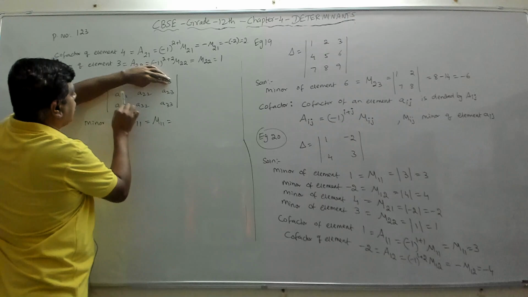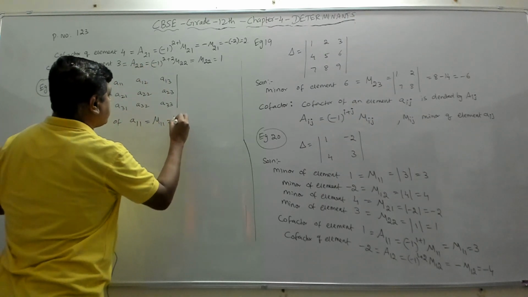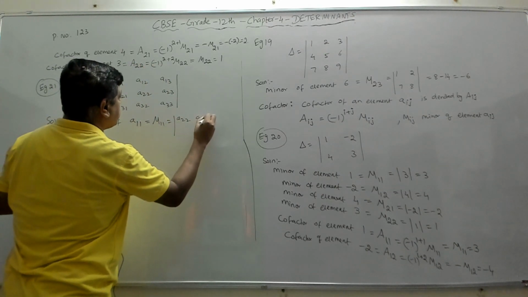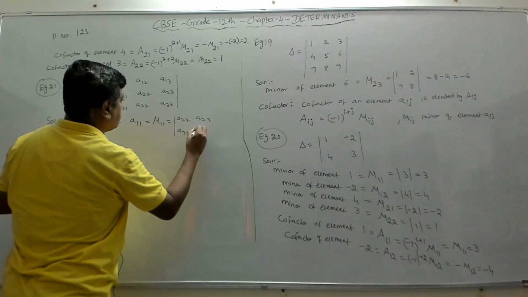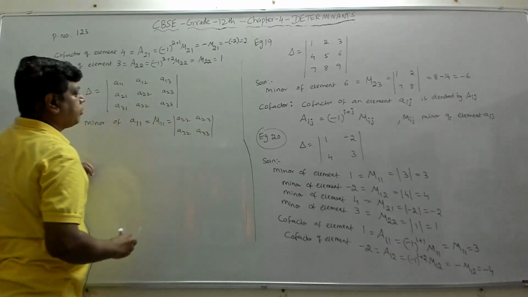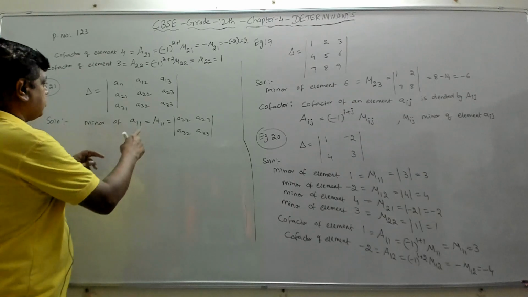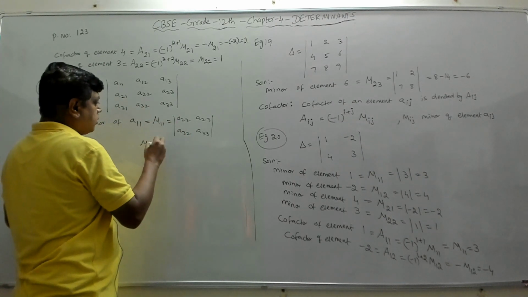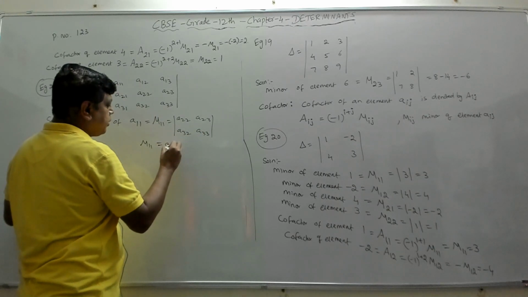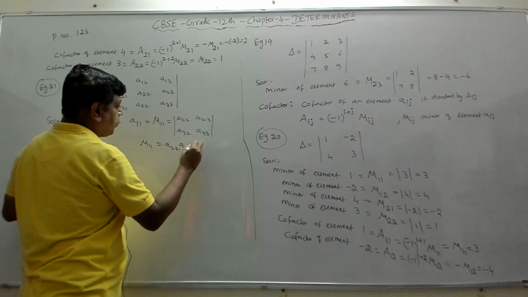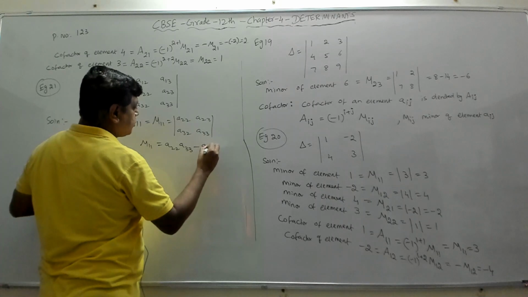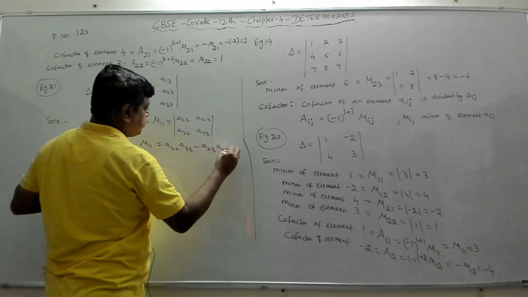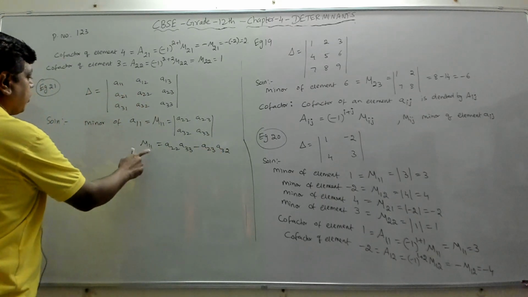Closing the row and the column, you will have the determinant A22, A23, A32, A33. If you find the value of this determinant, that is M11, A22 into A33 minus A23 into A32. So this is the minor of A11.